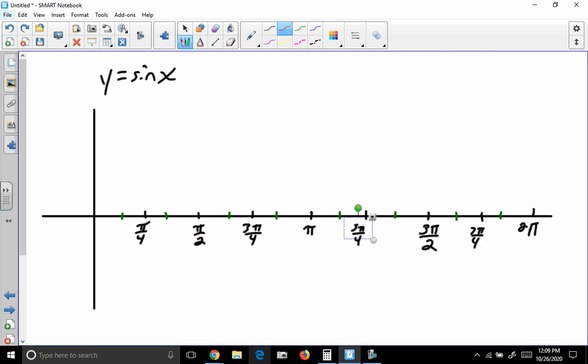So if we think about our unit circle, remember that on the unit circle, the x value is cosine, the y value is sine.